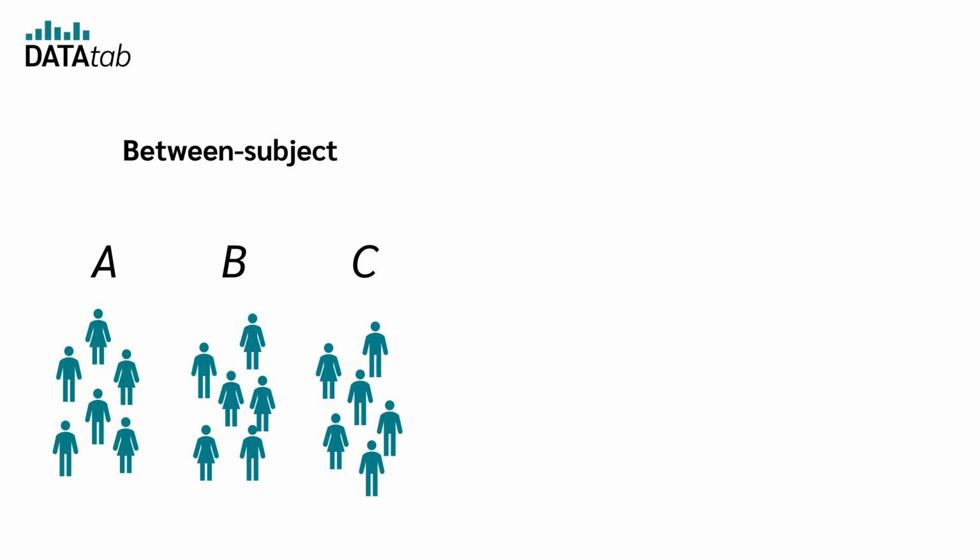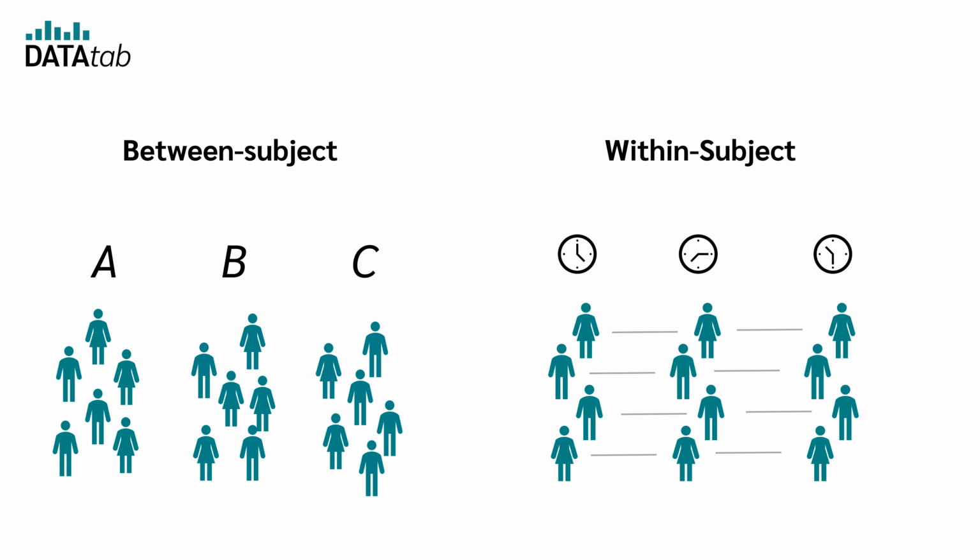So, in a between subjects design, each subject or participant is only assigned to one factor level, so that the different subjects only have the influence of the respective group. In contrast, in a within subjects design, the same subjects or participants are exposed to all factor levels, which enables a direct comparison of their reactions to each factor level.